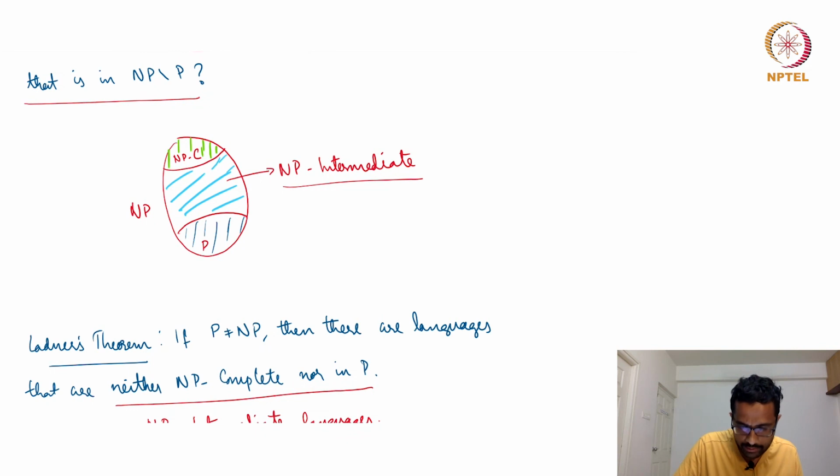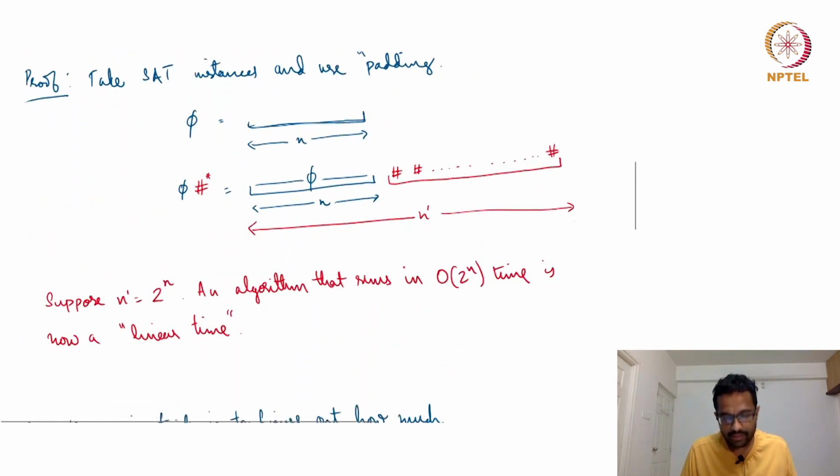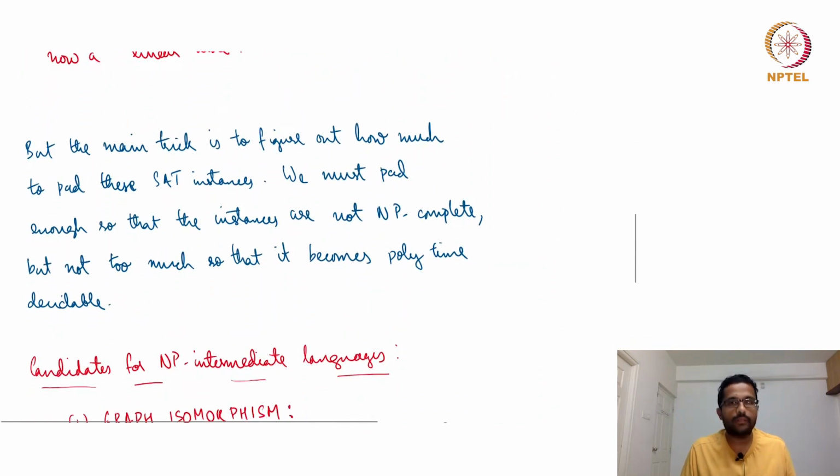So you want to exit this green area, but do not want to fall into the bottom dark blue area, but want to remain somewhere in the middle light blue area, right? So starting from SAT, we have to pad it enough so that it falls in the middle light blue area, and this is what the proof is all about.